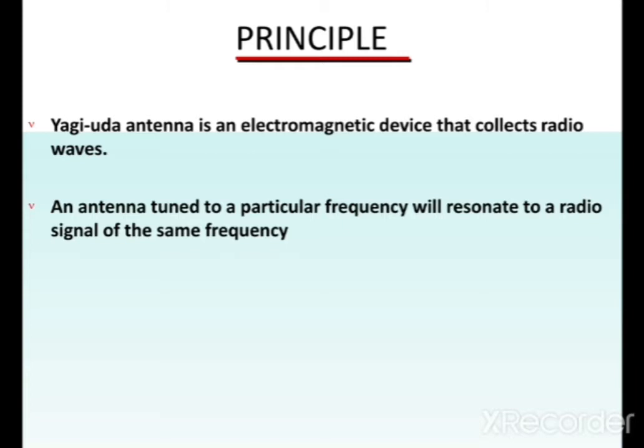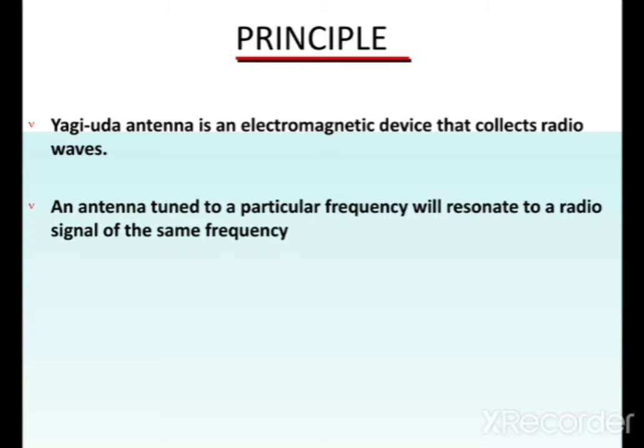It is known as the driven element, which has self excitation. But the parasitic elements operate with the induction field. The reflector acts as a concave mirror and the director acts as a convex mirror.